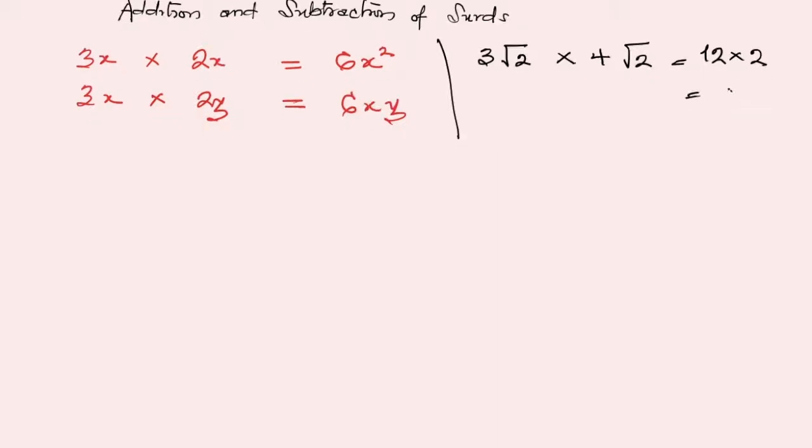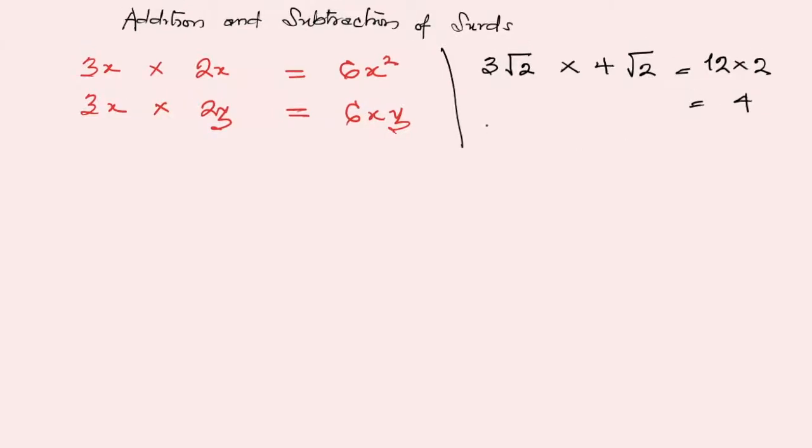So this is ultimately 24. And in cases where we have different terms, such as 3 root 2 multiplied by 4 root 3, we multiply the terms outside, which is 12, and then we multiply the terms under the radical sign, which is 2 multiplied by 3. And this is the same as 12 root 6.